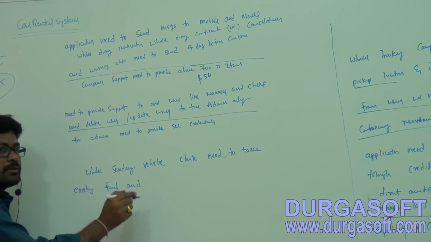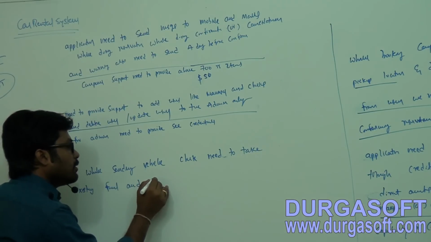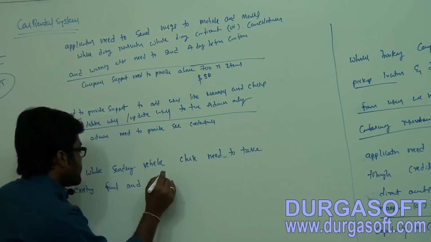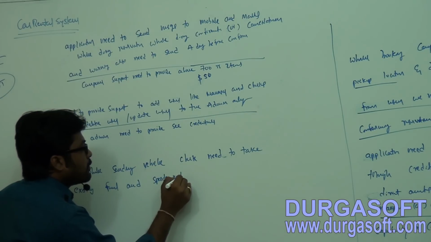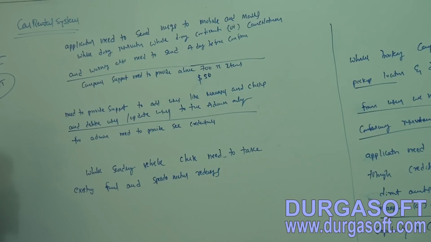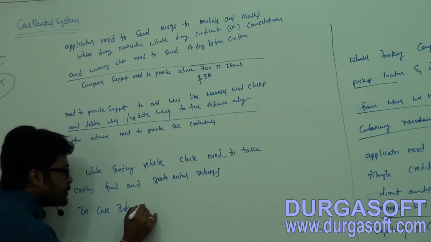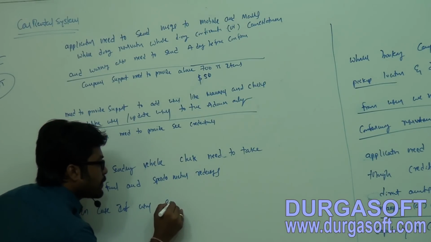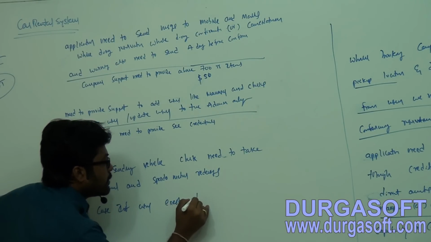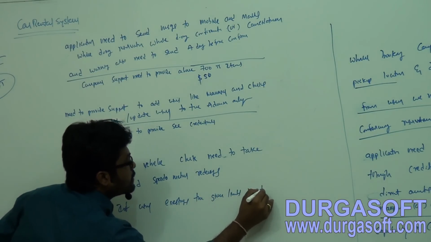That meter's name is speedometer. Speedometer readings. Existing fuel and speedometer readings we need to take. In case the user exceeds the given limits, we need to charge more.